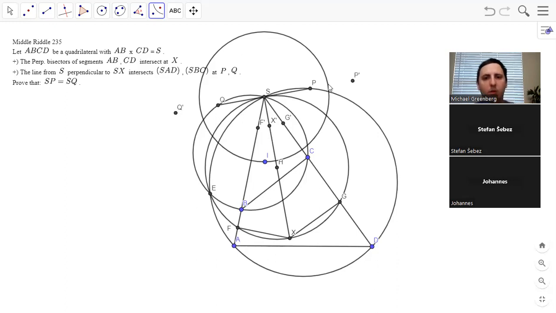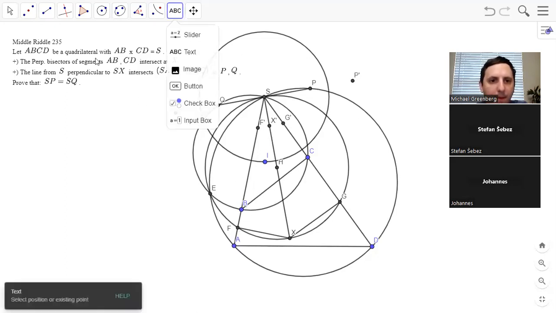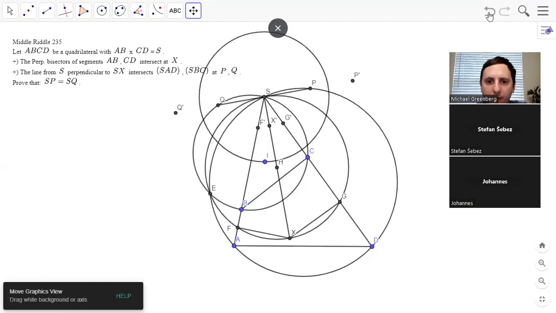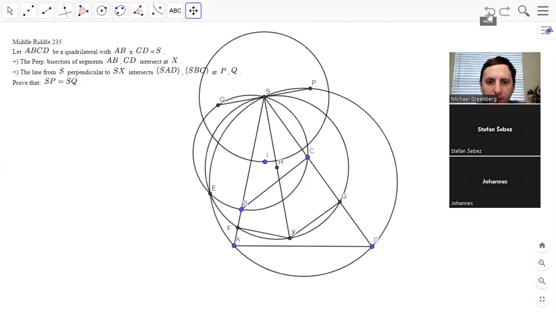I think you can select more than one element at once. Like control or something. Oh, really? I didn't know that. Control A, maybe? Let me try selecting a whole bunch of ones.